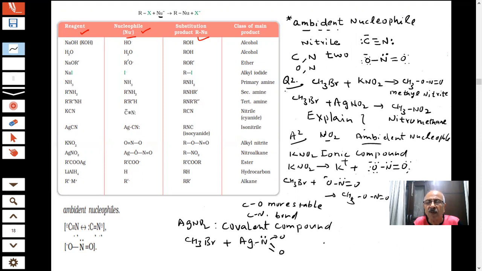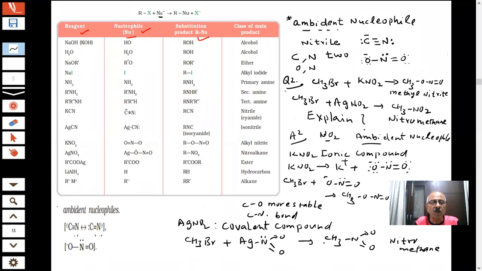There is a lone pair of electrons on nitrogen. Then this nitrogen will attach here. What will be the product? Nitromethane. This is the answer. Very important.